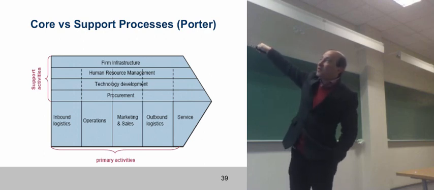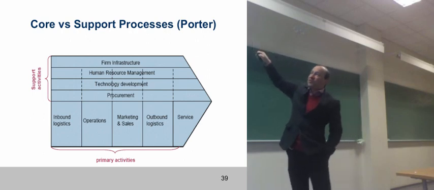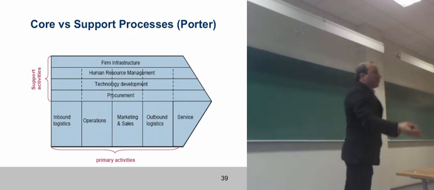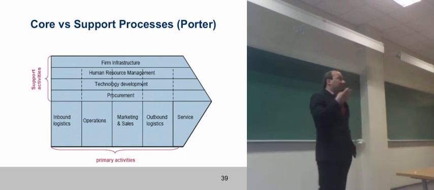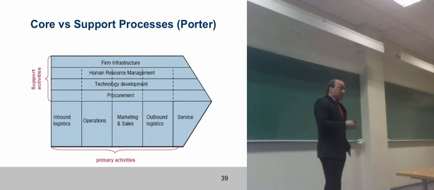And then there is a bunch of secondary processes, also called support processes, like recruitment of people, right? Doesn't give me value to recruit people. Or even IT in a company is a secondary process. For a normal company, not an IT company, of course, IT is a secondary process. I need to have my IT, but that doesn't really add value per se.